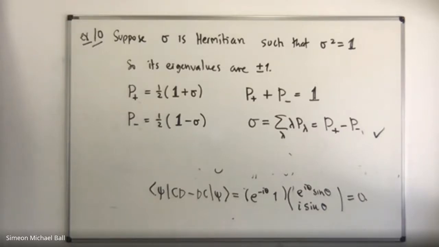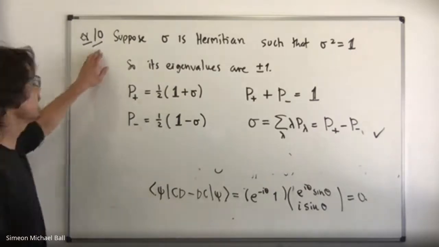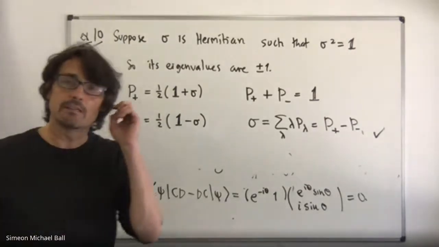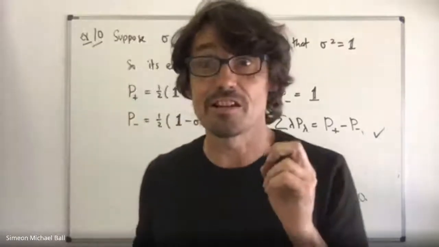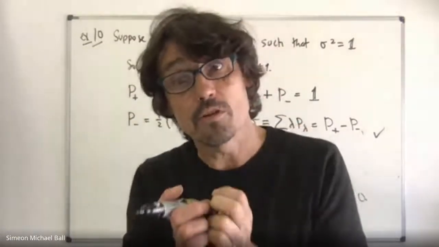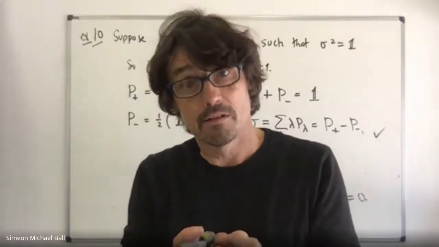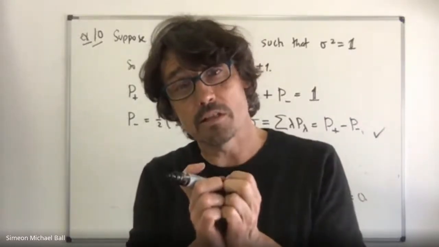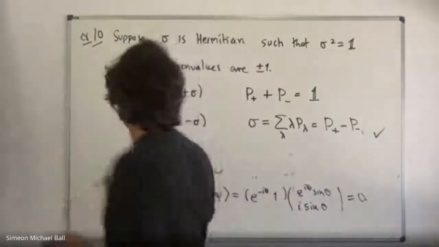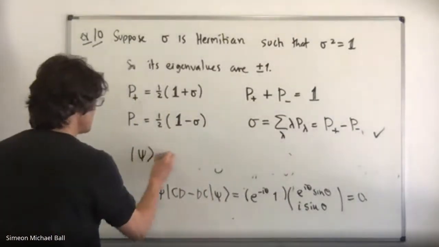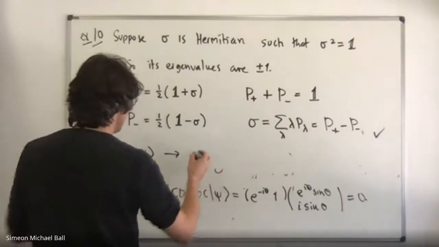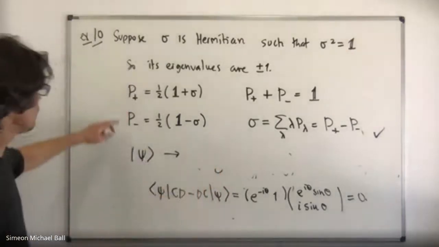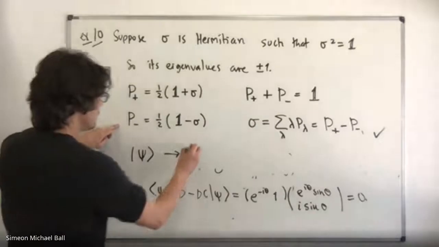Okay, so why am I telling you this in relation to exercise 10? Well, remember that the king in this exercise is going to apply a measurement which is one of the Paulis. So after the measurement, the state psi gets left in some eigenstate of the operator.